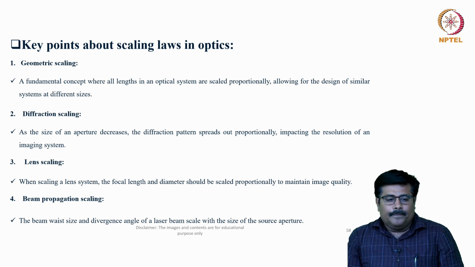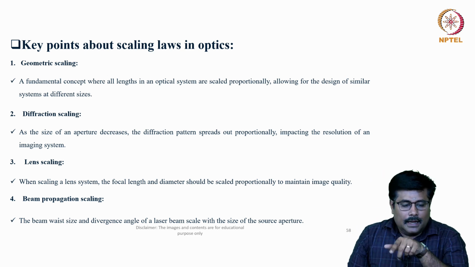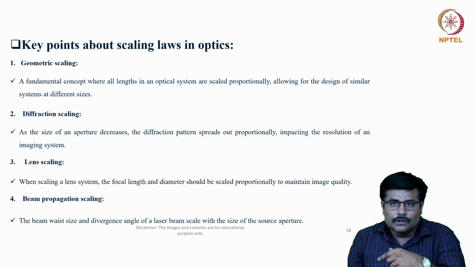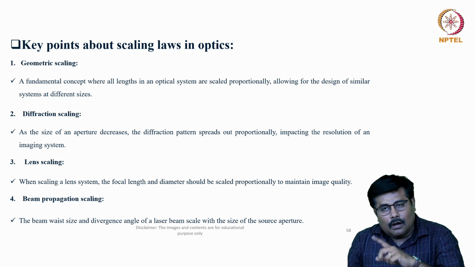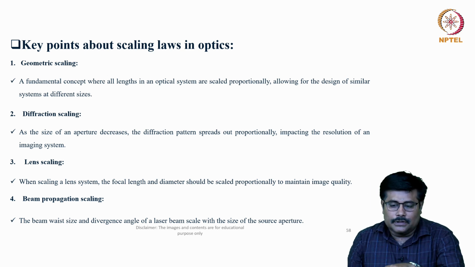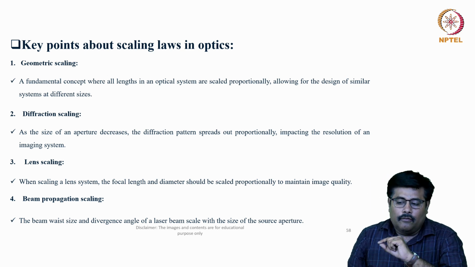Some of the key points about scaling laws in optics: we have geometric scaling. The fundamental concept behind geometric scaling is that all the lengths in an optical system are scaled proportionately, allowing for designing of a similar system at different sizes.